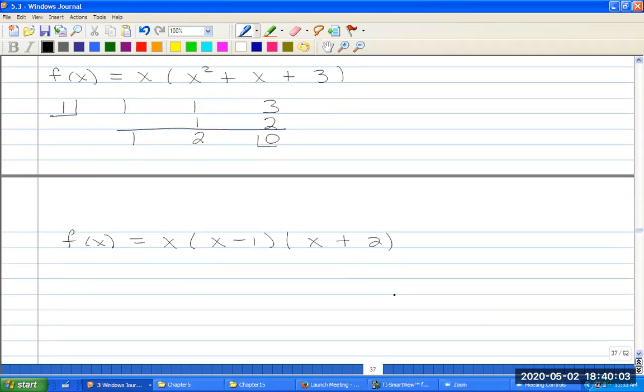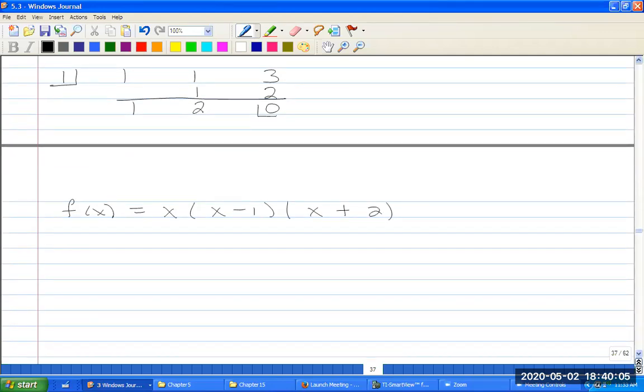Again, we're doing Z5. So let's add 5 to this: negative 1 plus 5 is 4, times x plus 2.